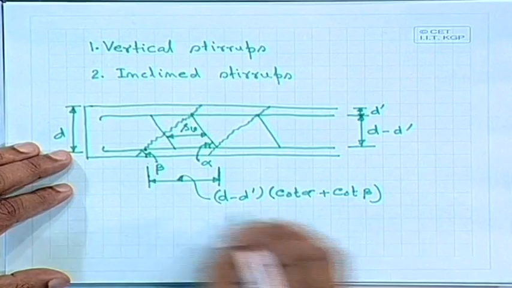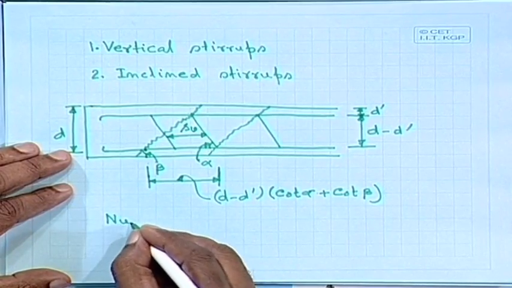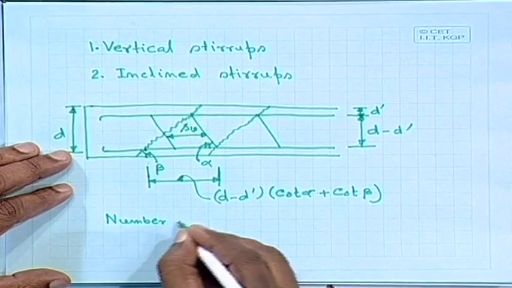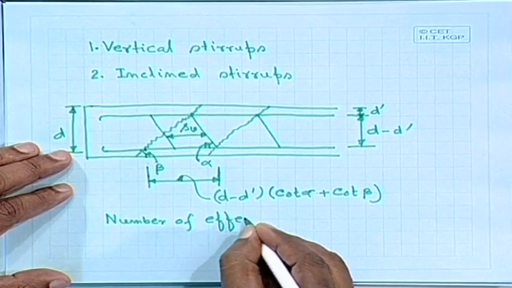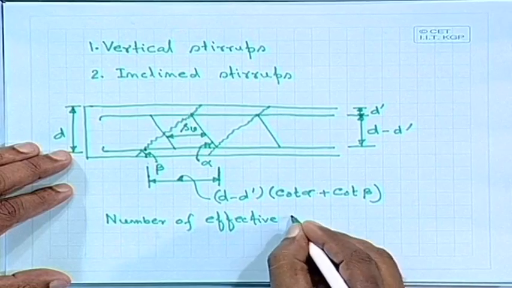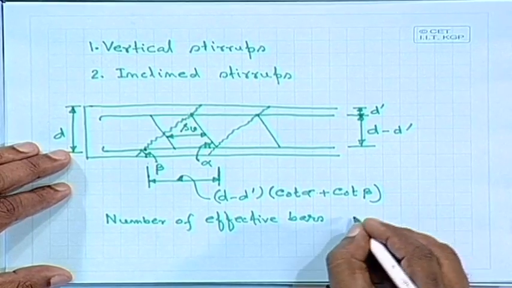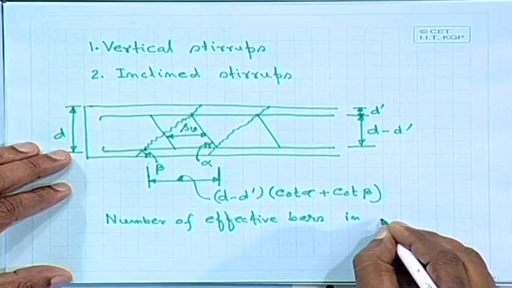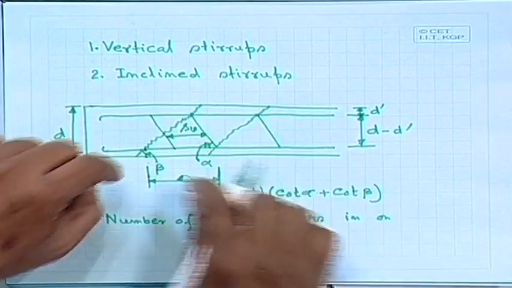So, how many bars? Number of effective bars in one region, because we can say this is one region, this spacing.